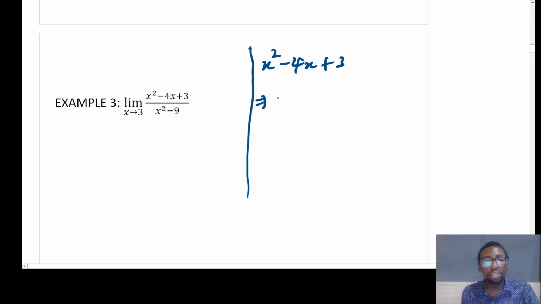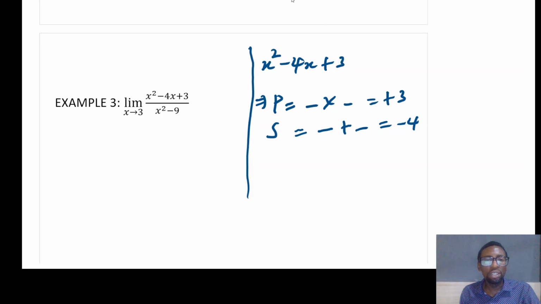We think of two numbers that when multiplied give a product of plus 3 and when added give a sum of minus 4. Those numbers are minus 3 and minus 1. Minus 3 times minus 1 gives plus 3, and minus 3 plus minus 1 gives minus 4.